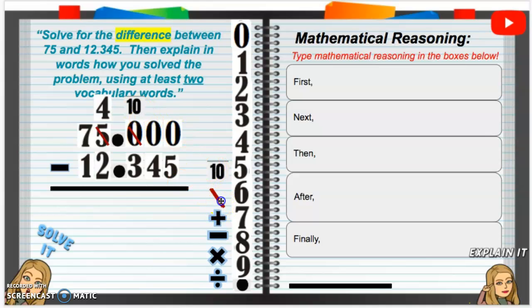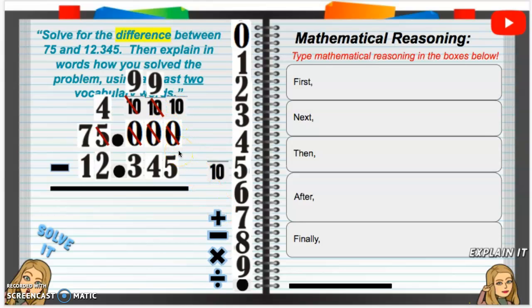So this 10 is going to become a 9 to now be able to make this 0 a 10. Bada bing, bada boom. Whoa, we used all of our little crossing-off things.